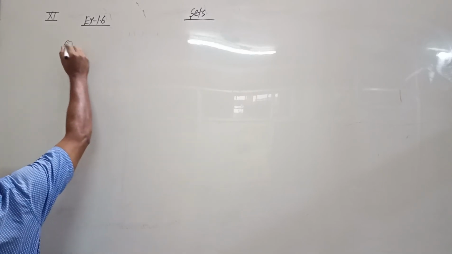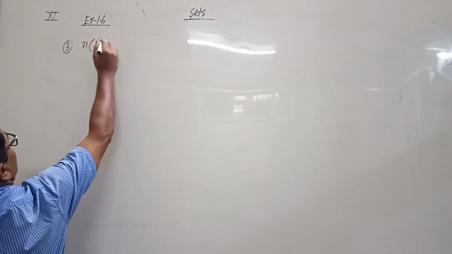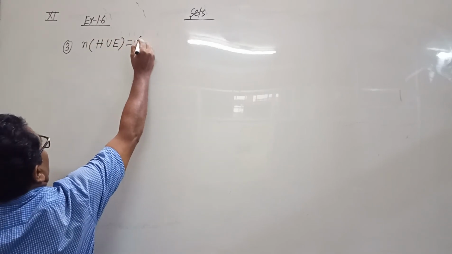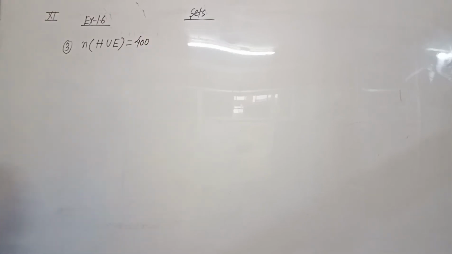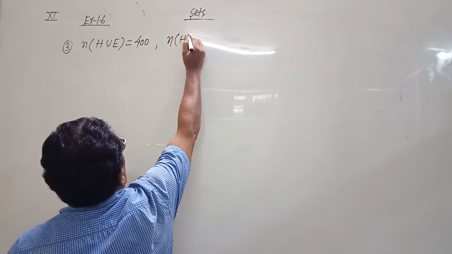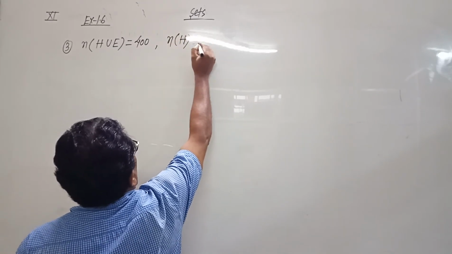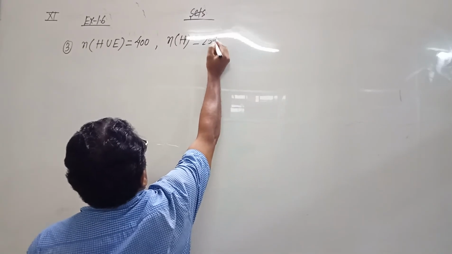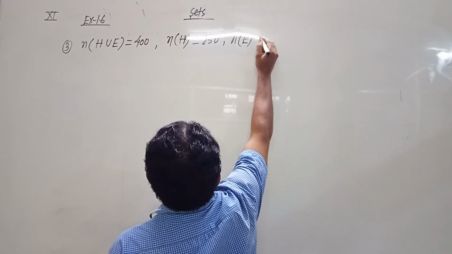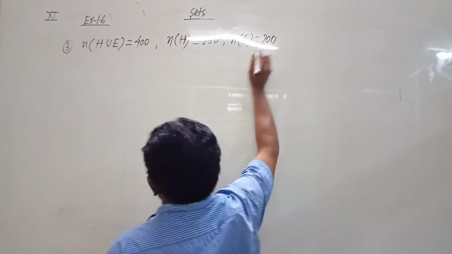So n(H ∪ E) equals 400. 250 speak Hindi, meaning n(H), where H means Hindi, is 250. And the number of people who speak English is given as 200.